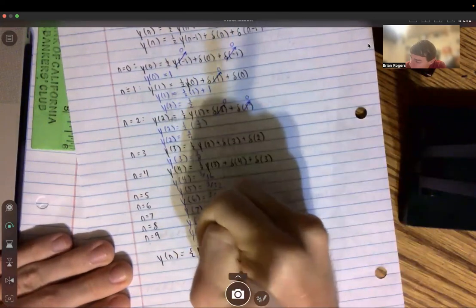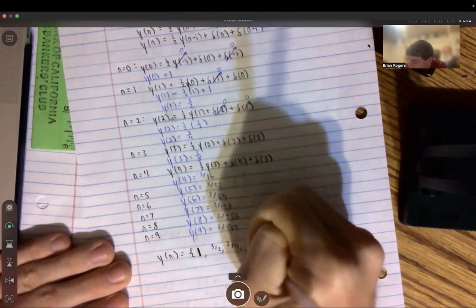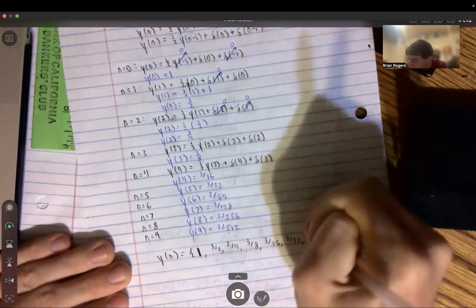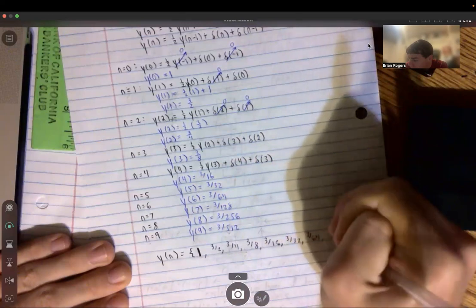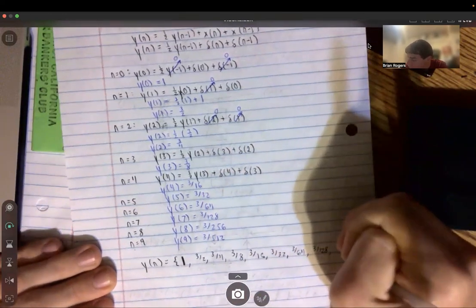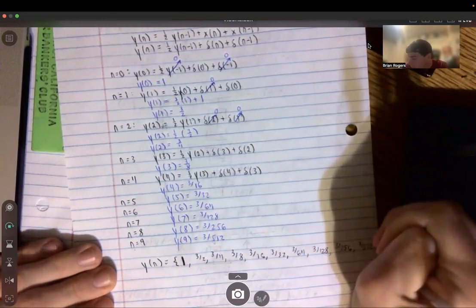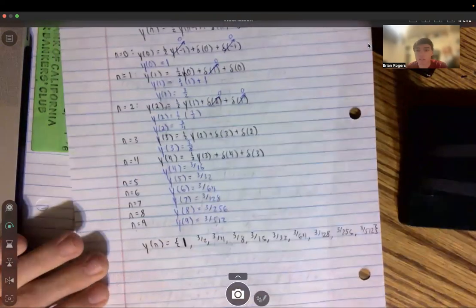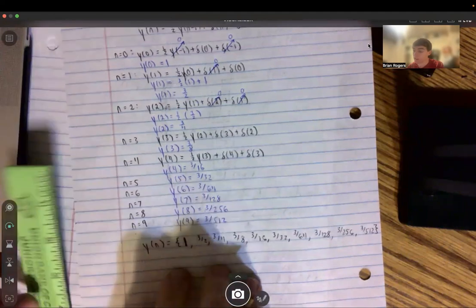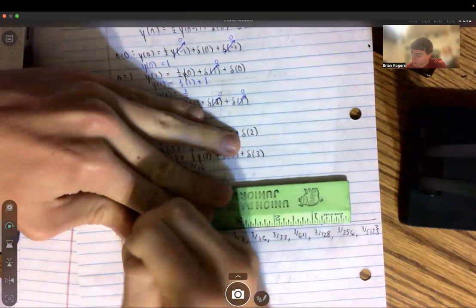Then it was 3/2, 3/4, 3/8, 3/16, 3/32, 3/64, 3/128, 3/256, and finally 3 over 512. So that's our y of n vector for us. And now that we had our first 10 samples, that is the answer we have right here.